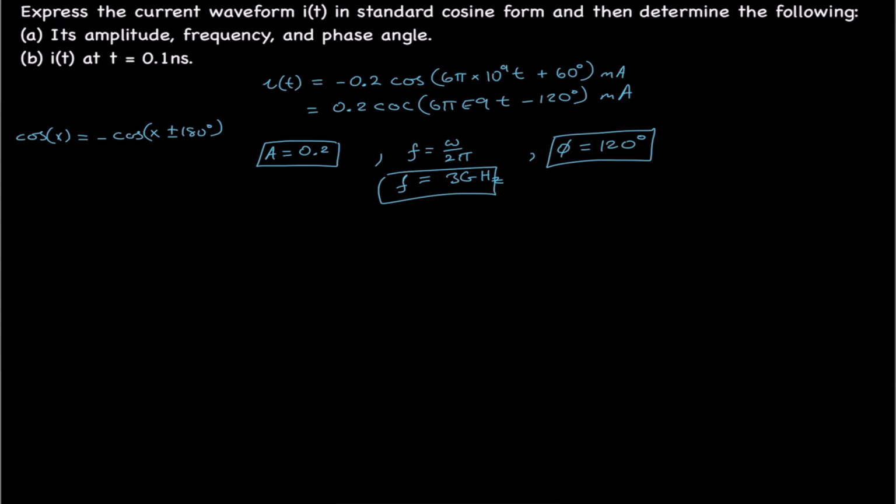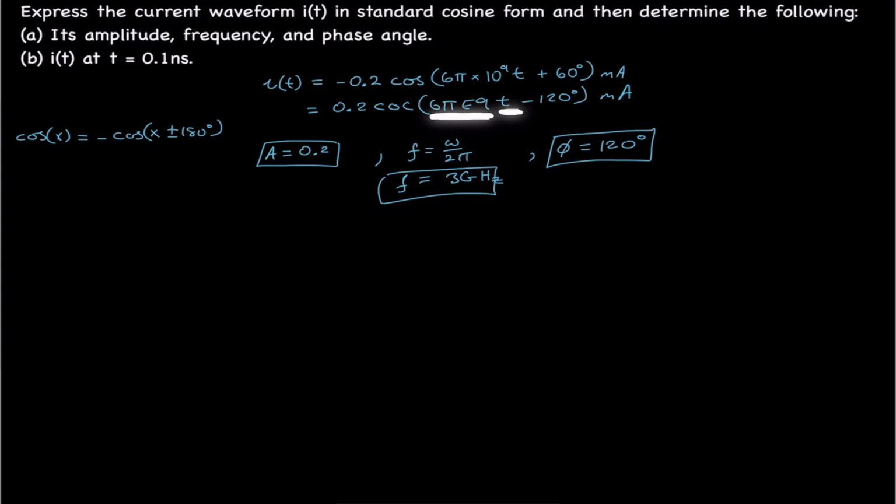Now we can evaluate i(t) at 0.1 nanosecond. We could go ahead and evaluate omega t. Omega is measured in radians per second, and time is measured in seconds, so the seconds cancel out and we're left with radians.